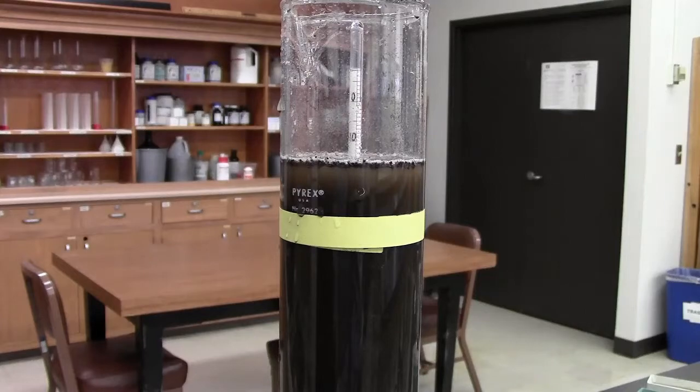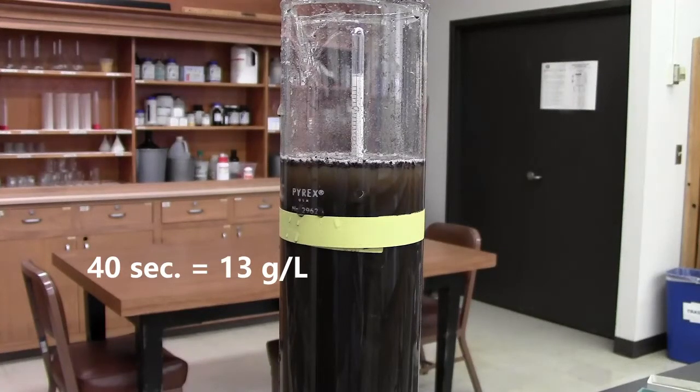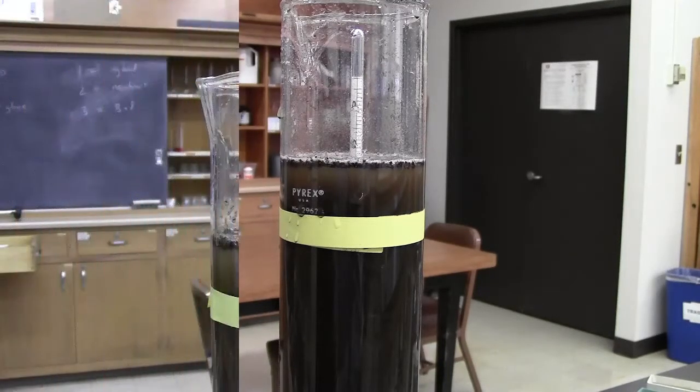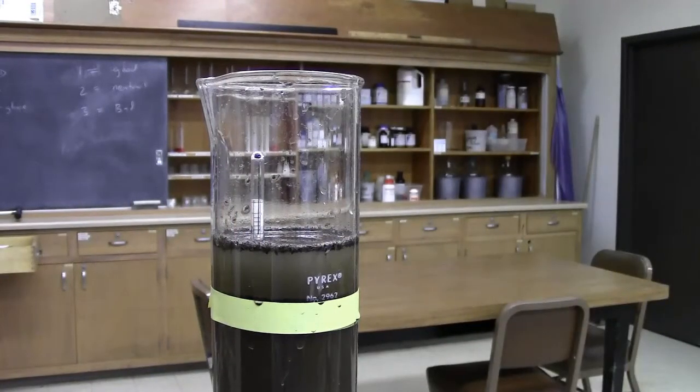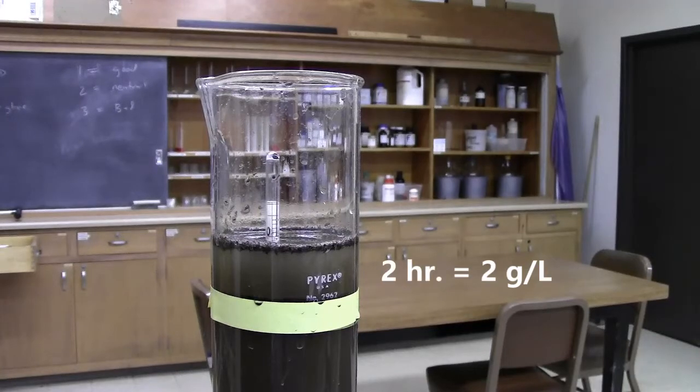The hydrometer will read the mass of particles still in suspension. After 40 seconds, the sand in the solution has settled to the bottom, and the hydrometer reading indicates the silt and clay still in suspension. After 2 hours, the silt in solution has settled to the bottom, and the hydrometer reading indicates the clay in suspension.